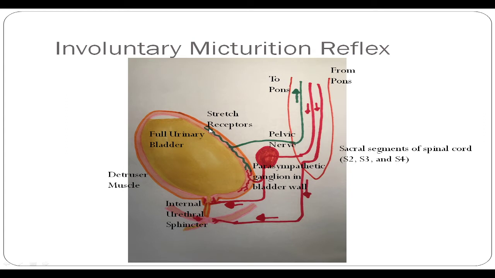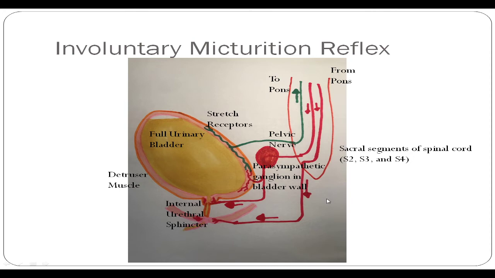So these receptors sense that the bladder is full, and they transmit sensory data through the pelvic nerve up the spinal column, up the spinal cord to the pons. The signal then returns to the bladder via the spinal cord, mainly segments S2 and S3, via parasympathetic fibers in the pelvic nerve.